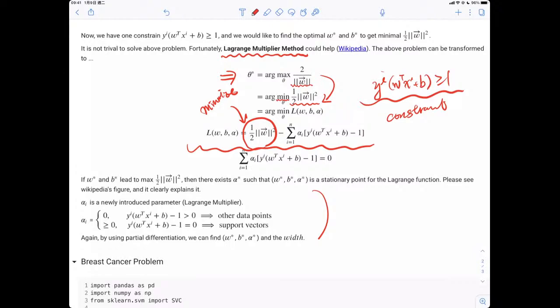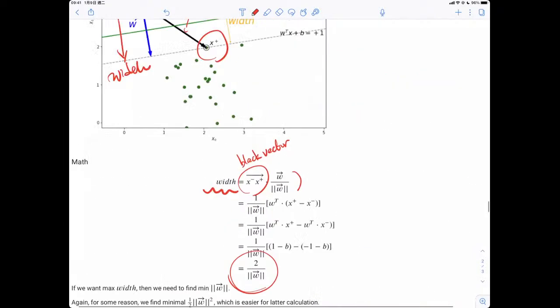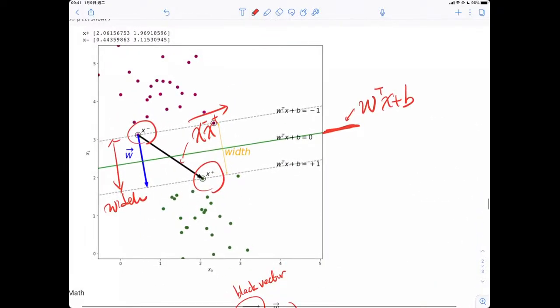The only thing we need to do is input the purple data points and the green data points into those tools and say, I would like to use SVM, would you please help me find this green line and the support vectors, which are x minus and x plus. And those tools will follow those mathematical methods.